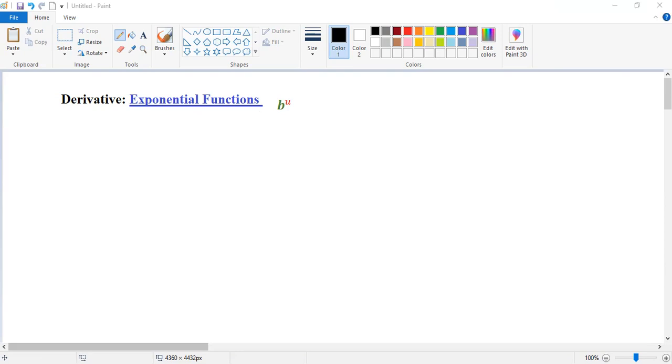Now, the rule to find the derivative: d/dx of b to the power u equals, first rewrite it, b to the power u, then multiply by ln of the base, ln b, times the derivative of the power, u prime, or du/dx.